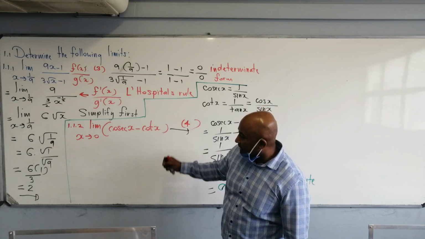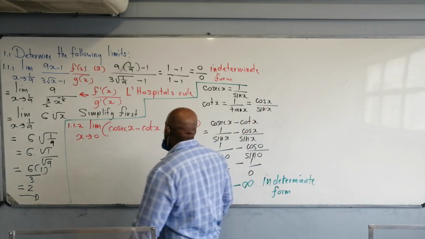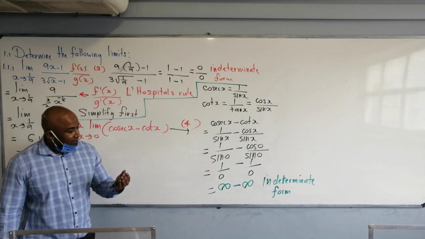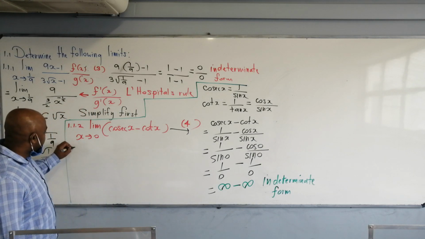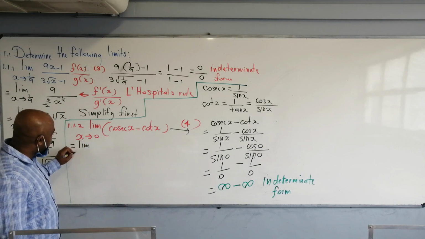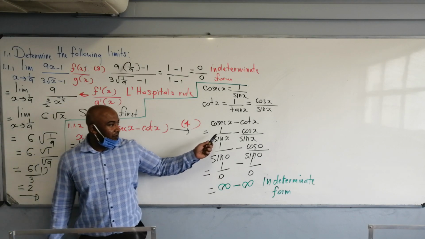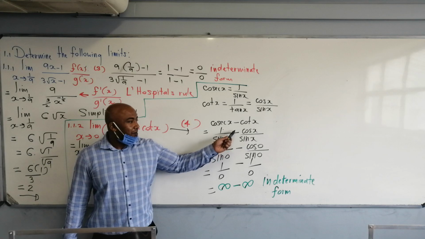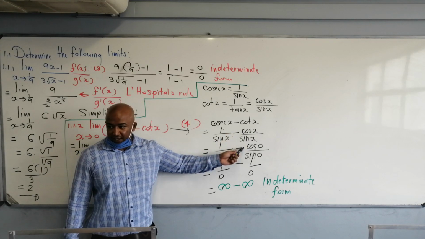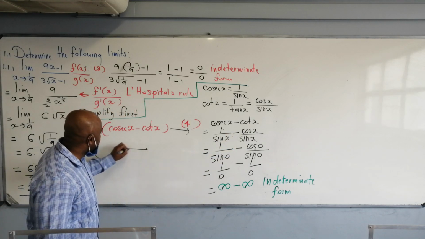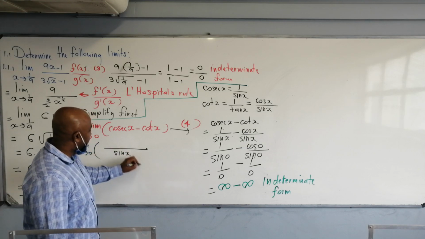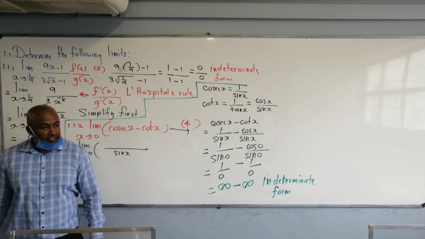You must have one fraction. So where is the fraction? So what we do is the limit as x approaches 0. Now I've already done the working here. 1 over sine minus cos over sine. Can you see that? It has a common denominator of sine. Your LCD there is sine.